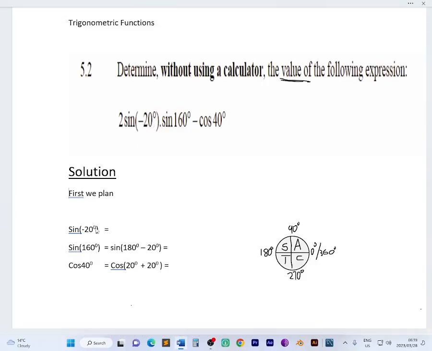The problem is 2 sine negative 20 degrees multiplied by sine 160 degrees minus cos 40 degrees. So we have to use a plan.